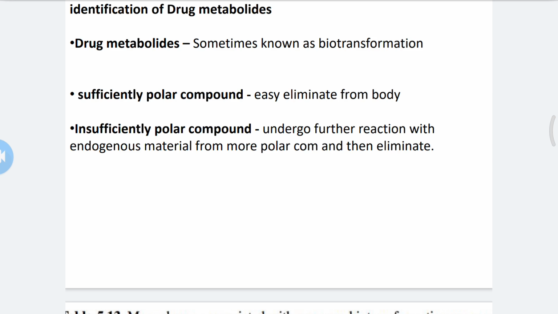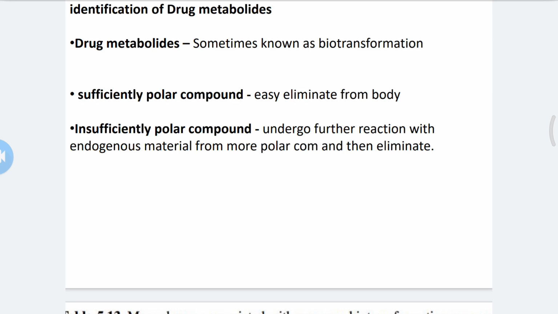Okay, so for these two types of compounds, sufficiently polar and insufficiently polar, we use first an atmospheric pressure chemical ionization interface, and second electrospray ionization, and these ions are transferred to the mass spectrometer to analyze molecular weight.